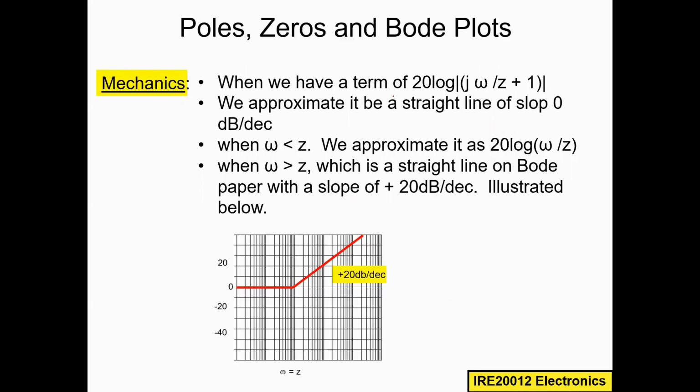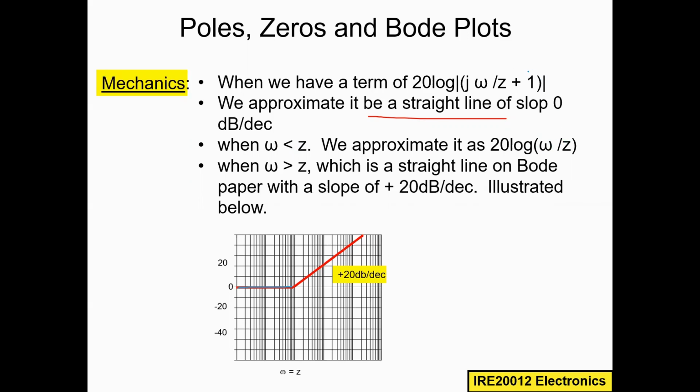Similarly, when we have the term 20 log of j omega divided by z plus 1, what we should do is approximate it by a straight line of slope 0 dB per decade. Let me change my color again. It's just a straight line with slope 0 when omega is less than z, so the 1 remains. When omega is greater than z, we approximate it with 20 log of omega divided by z.